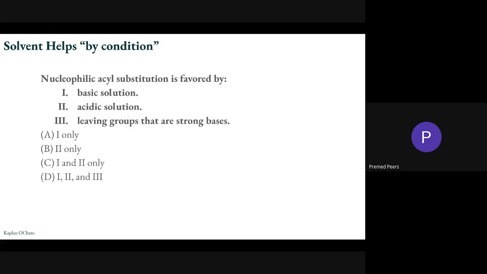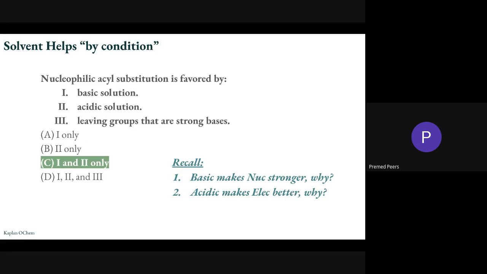Alright, so nucleophilic substitution, although the name itself only talks about the nucleophile, we do know that eventually the nucleophile attacks the electrophile, right?